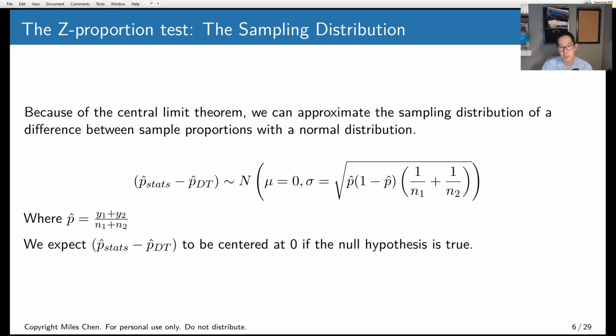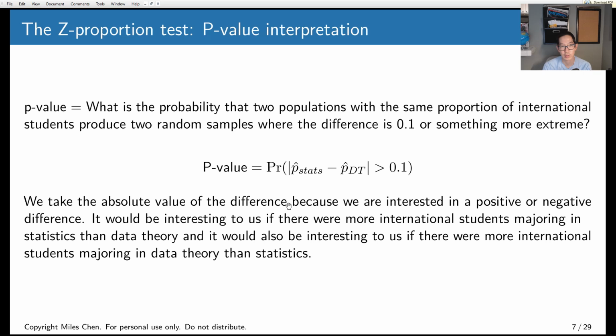If the null hypothesis were true, we expect the mean to be centered at 0, and then the standard error for this sampling distribution would have this equation, where p hat is your overall proportion, and you take the overall proportion times 1 minus that, times this. And we would expect this value to be centered at 0 if that null hypothesis were true.